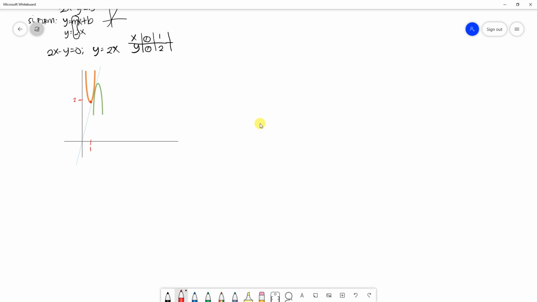For example, this is it. So this is the equation of my line. So this is my 2x minus y is equal to 0.